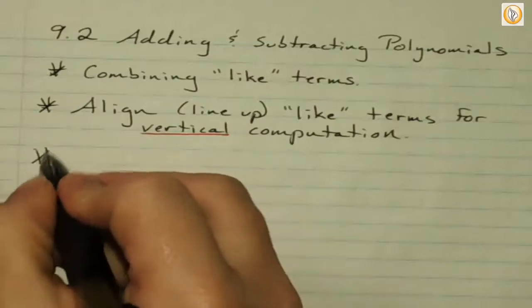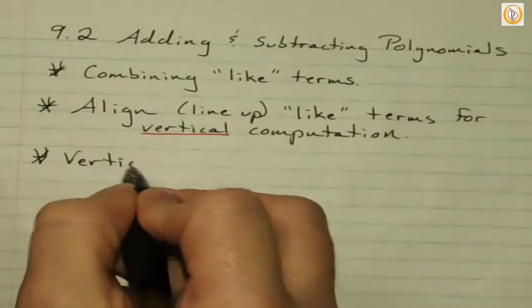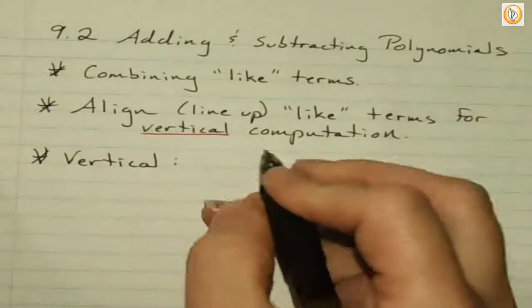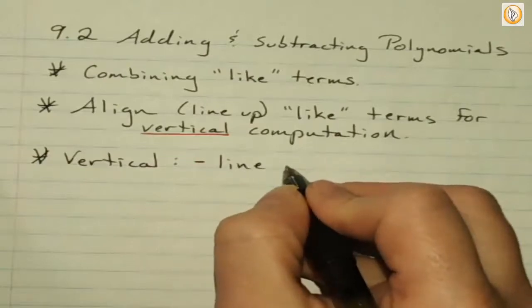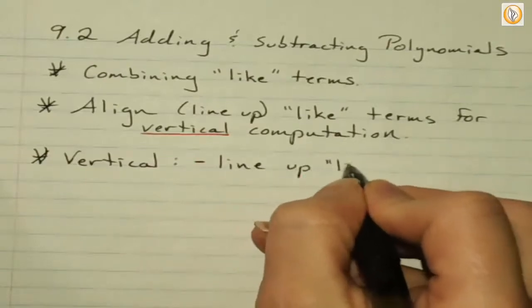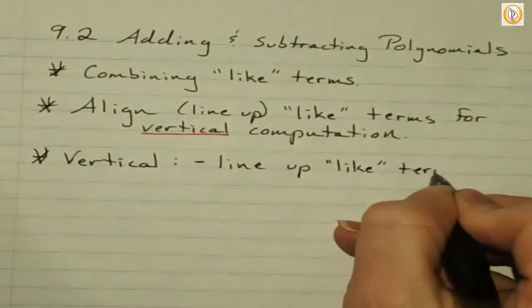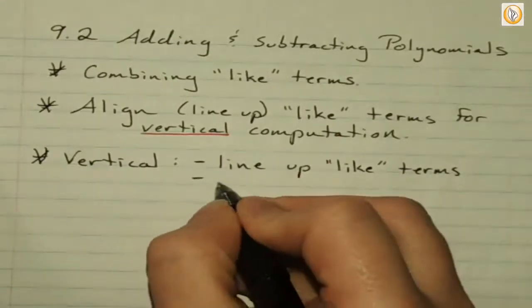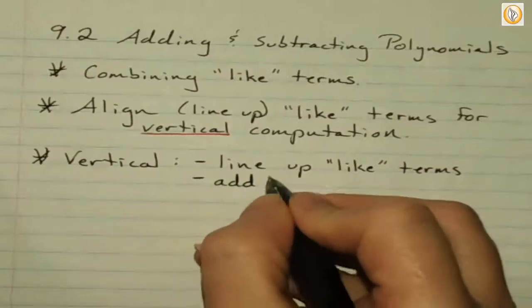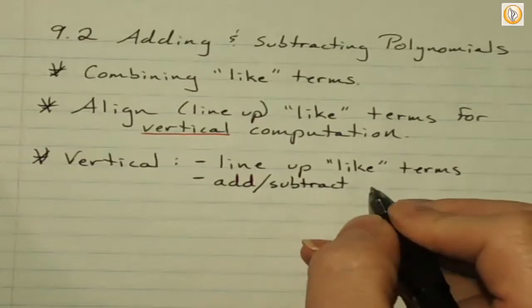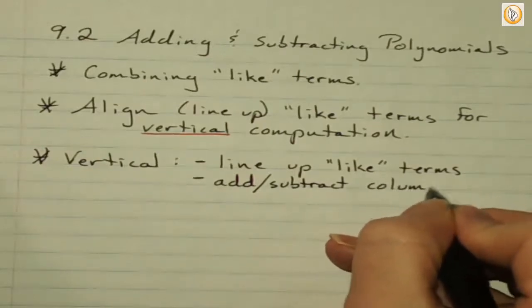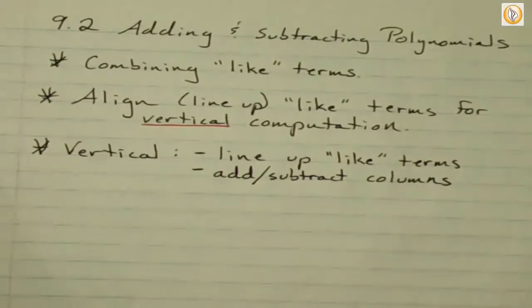So vertical computation, I'm going to show you what that is. Vertical computation, you're going to line up like terms. Then you're going to add, subtract columns. That's the vertical.